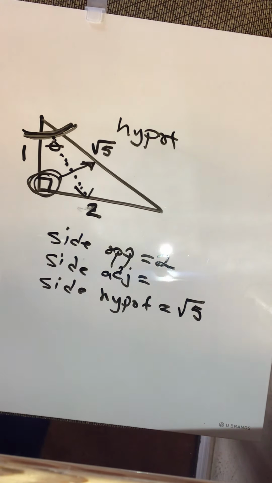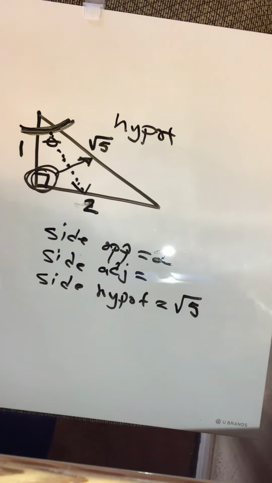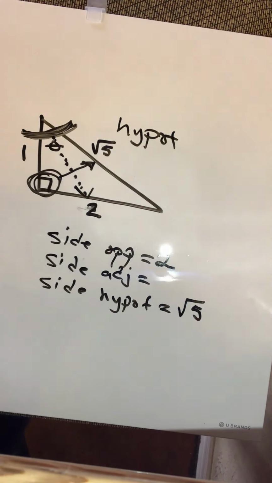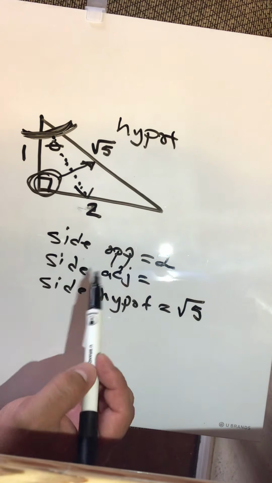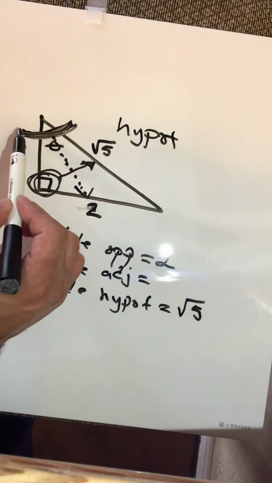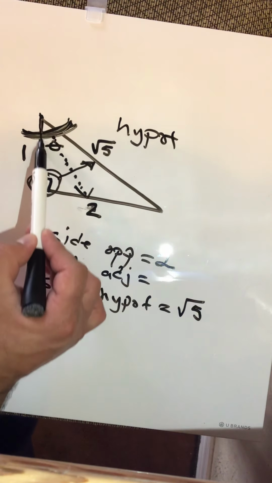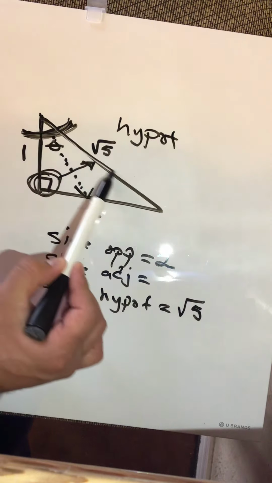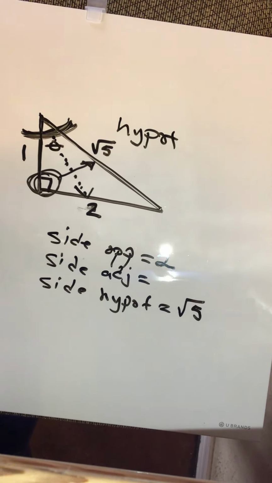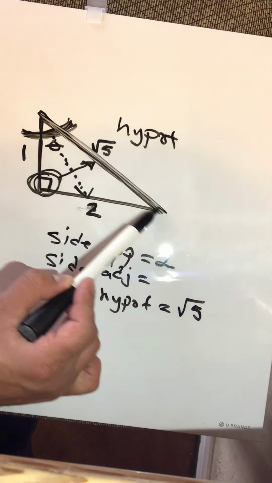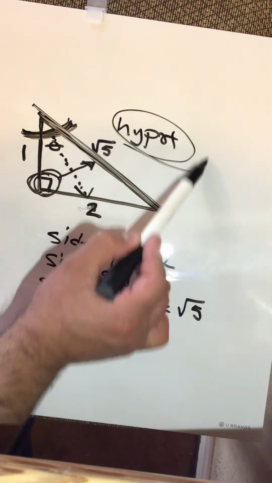Now, how to find the side adjacent, sorry. This is my reference angle that I'm using, right? Side adjacent is the side next to the reference angle. Now, I have two sides that are next to it, right? I have this side, and I have this side right here. Now, if I look closely, I cannot use this side because that is my side hypotenuse.